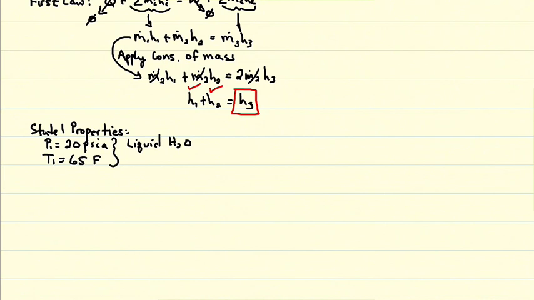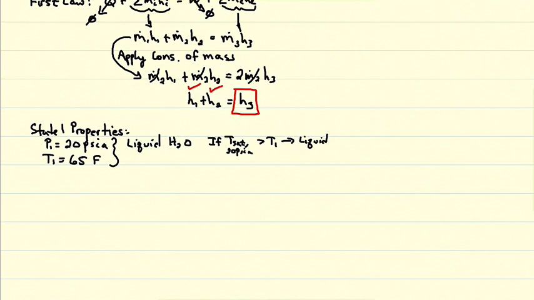Okay, so if Tsat at 20 psia is greater than T1, then your substance is a liquid, right? In other words, the substance is below the vapor temperature, the saturation temperature, the boiling temperature.